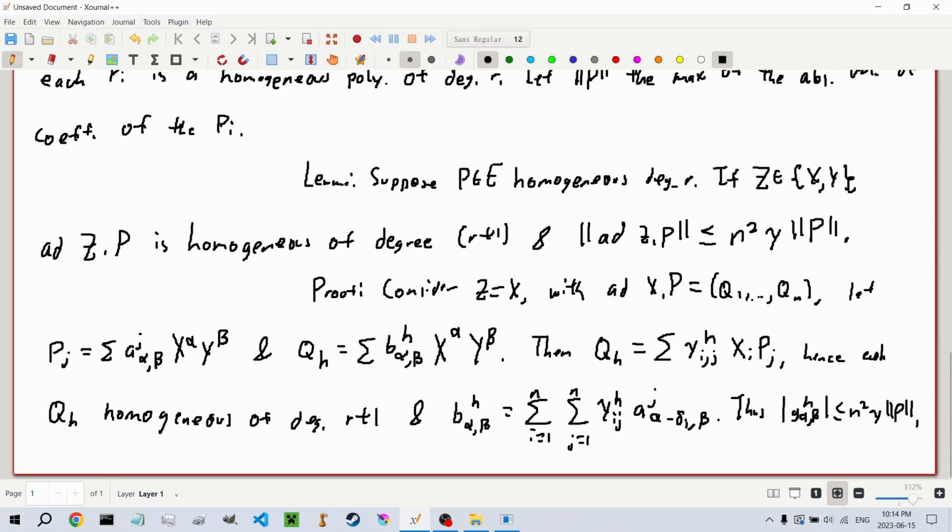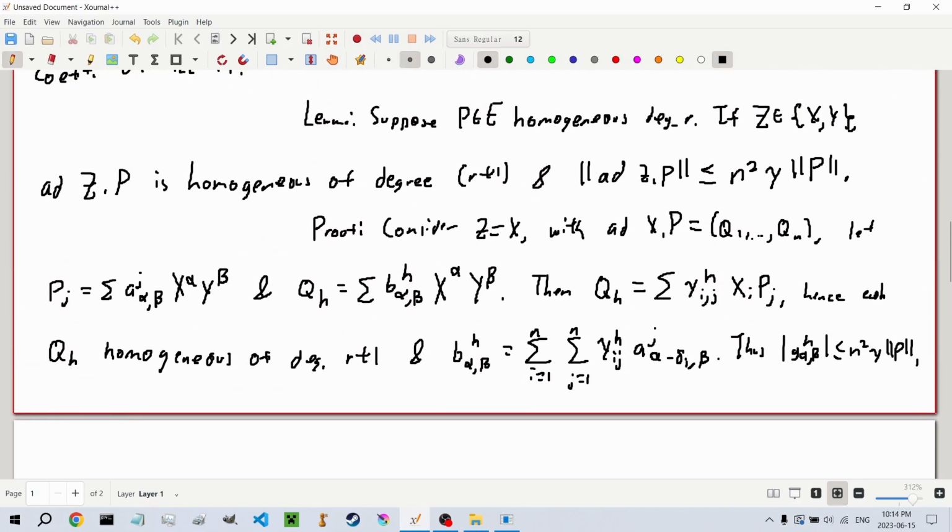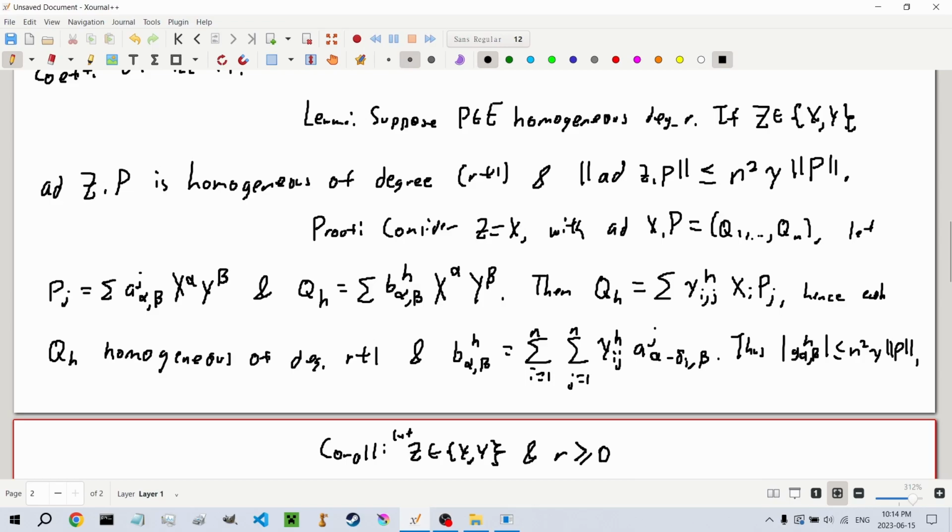And this comes with a corollary. Where Z is X or Y, and R is non-negative.